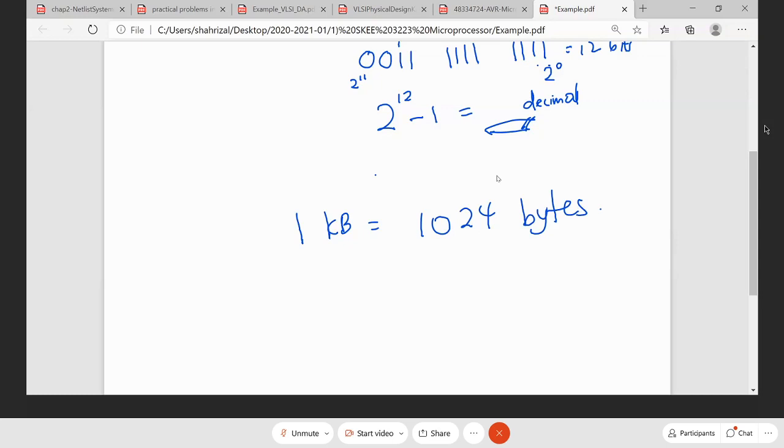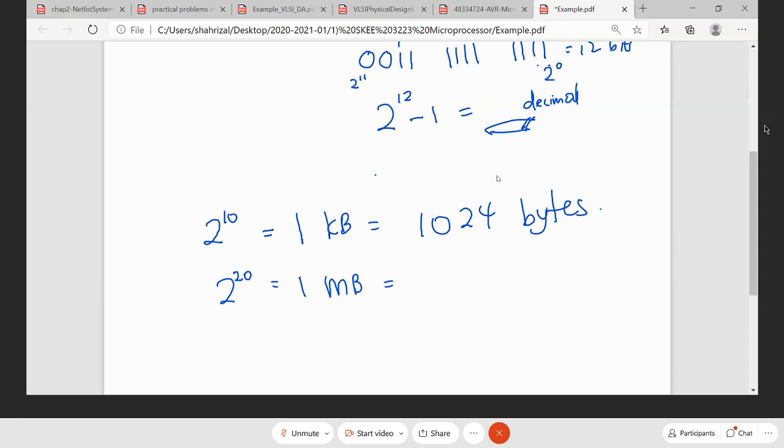For 1 kilo, it is equivalent to 2 to the power of 10. For 2 to the power of 20, it is equivalent to 1 megabyte, which is 1024 times 1024.